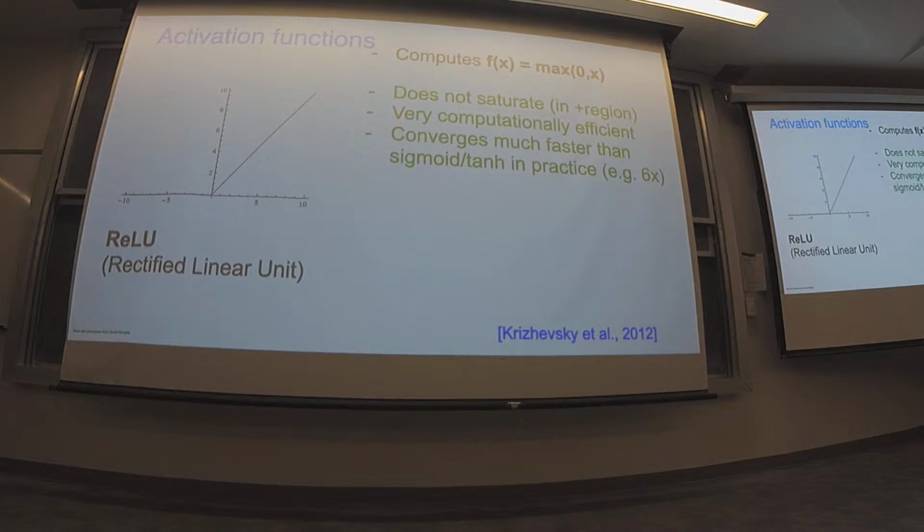This network is really important. It's called AlexNet, and it won the ImageNet classification challenge in that year, the first convolutional network to do it. And part of the reason why it was able to do that is that it became really efficient to train these things using this kind of activation function.